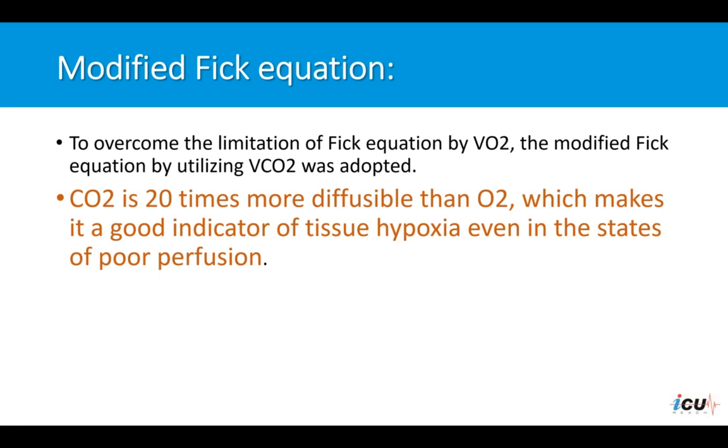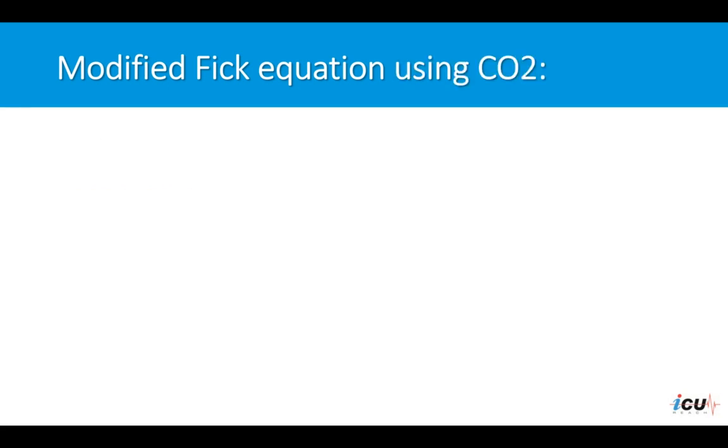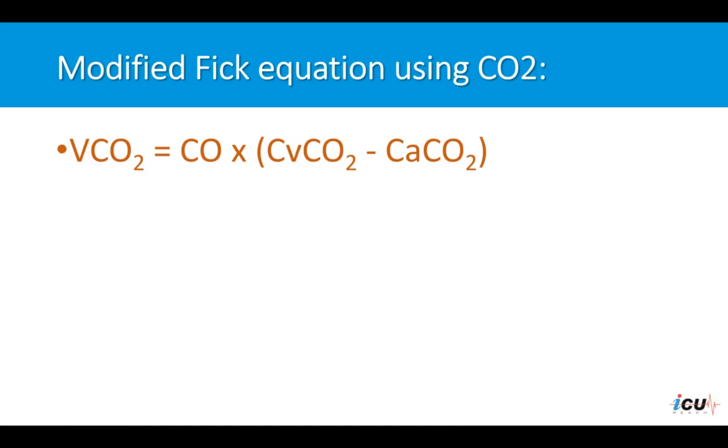If we utilize the CO2 production, it may make things simpler. And what we're doing here is we're just replacing the arterial oxygen content and the venous oxygen content by the CO2 content.